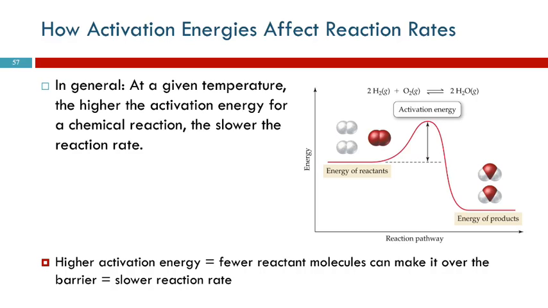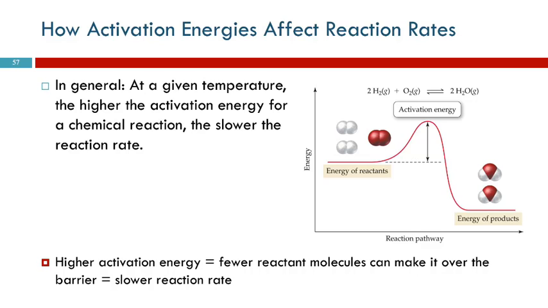So in general, at a given temperature, the higher the activation energy, the slower the chemical rate. We talked about collision theory, right? And so in order for this reaction to occur, the hydrogens and the oxygen have to run into each other, and they have to have a collision with enough energy to produce a reaction.